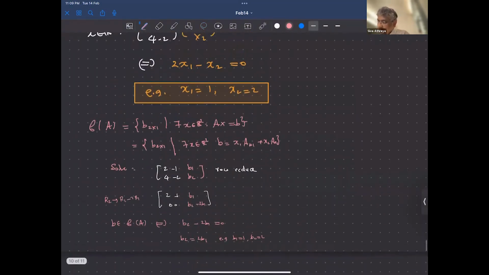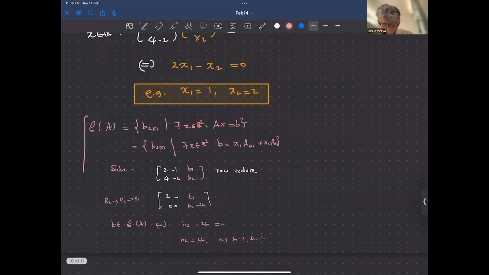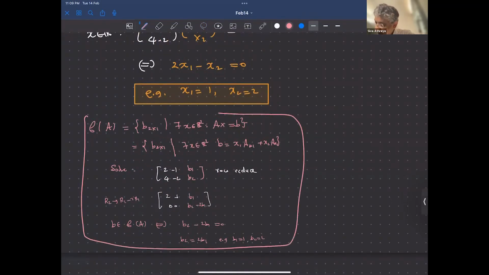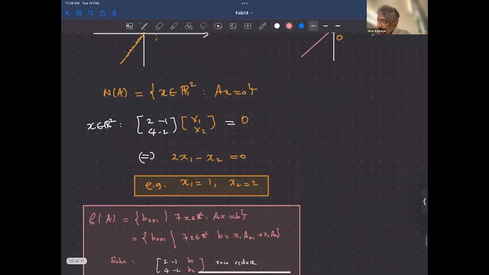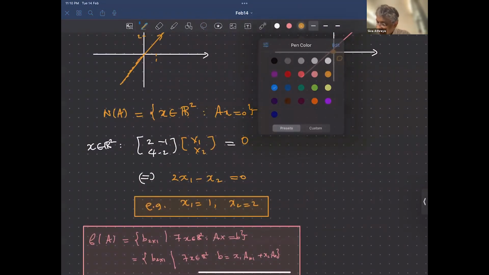So let's follow this way. Let's make this in pink so that we have an idea of what the concept looks like. And let's make the orange the null space. It looks quite nice.